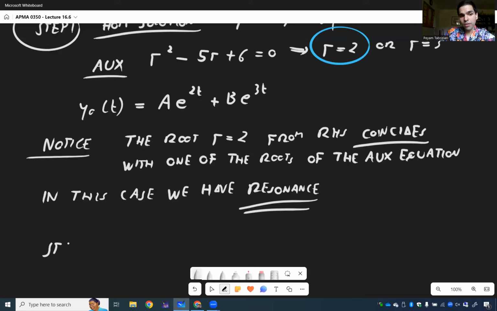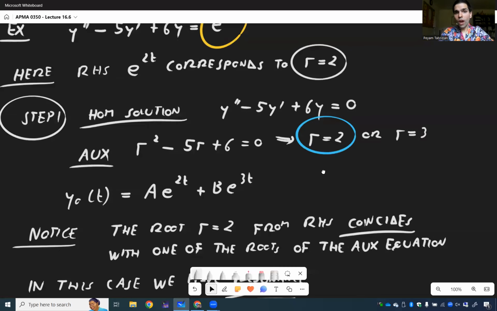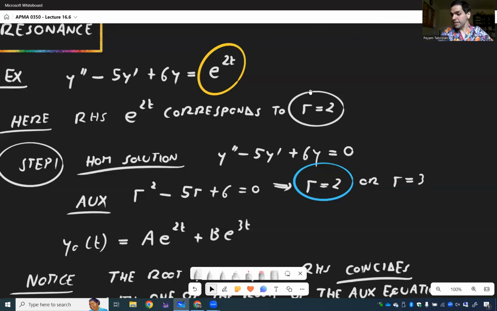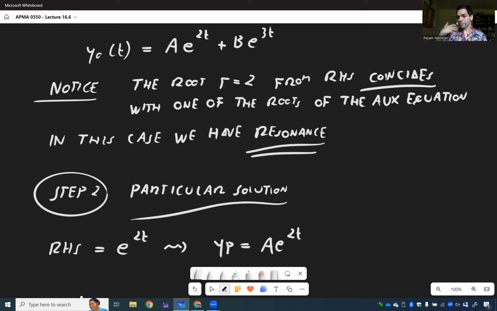For this, let's look at the particular solution. Because the right-hand side here is e to the 2t, based on our rules, we would guess a e to the 2t. Then the particular solution is a e to the 2t.